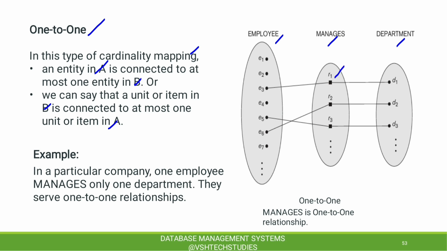This is a relationship instance in which only one entity E3 is participating with only one entity from B, that is D1.